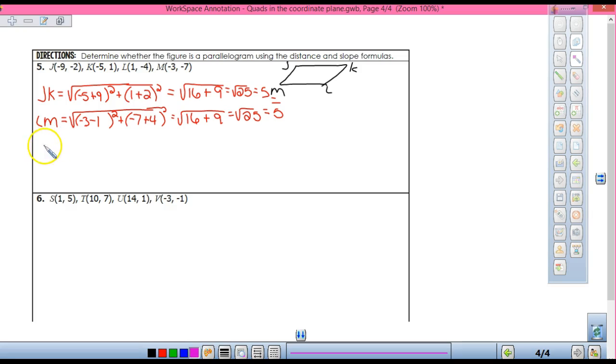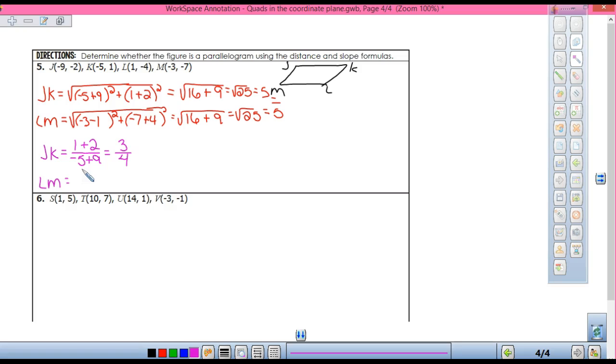Okay, so JK for slope, what's going on top? 1 plus 2 over -5 plus 9. 1 plus 2 gives me 3 over 4. Positive 4, yep. So I've got a slope of 3/4. And then I've got to check it versus LM.